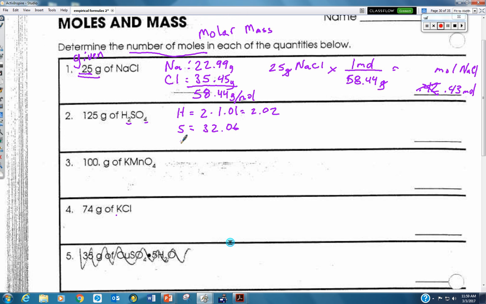And oxygen, we have 4 oxygens, so that's 16 times 4, which gives us 64 grams of oxygen.